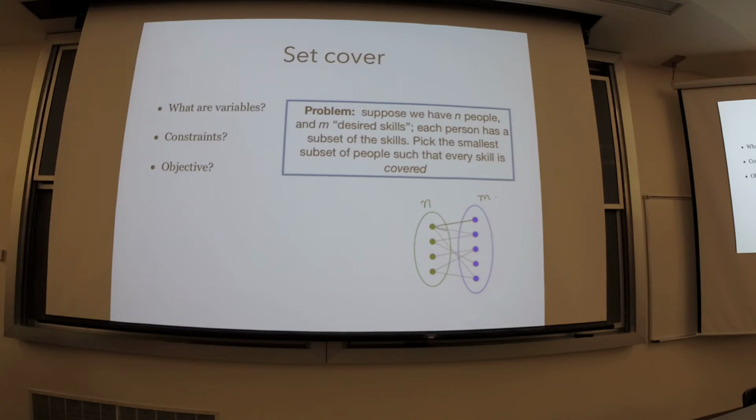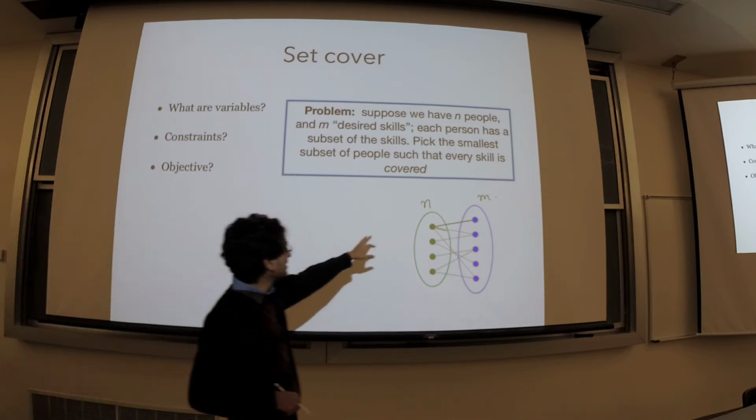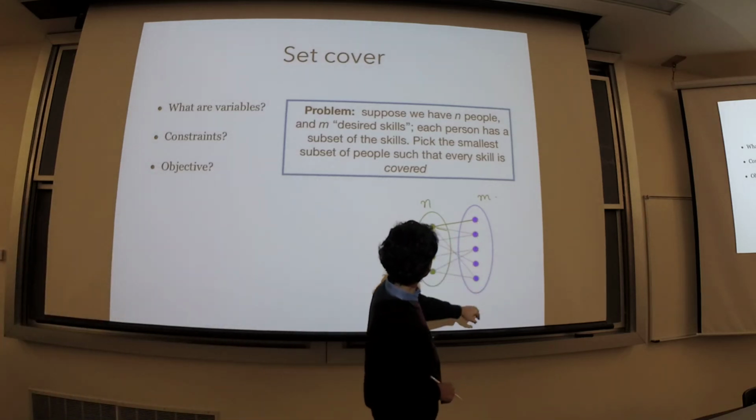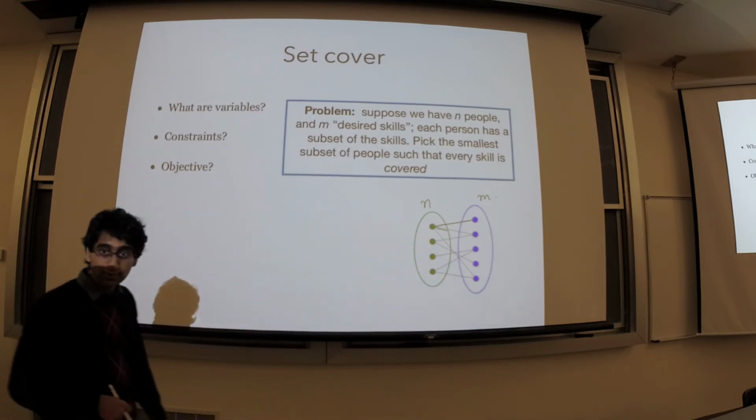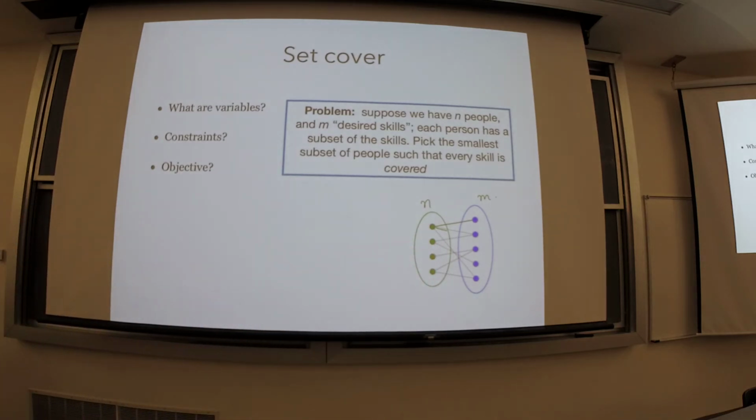We draw that as an edge in this bipartite graph. So person 1 has skills 1, 2, and 5, and so on. And your goal is to pick the smallest number of people so that every skill is covered. So this was the set cover problem.